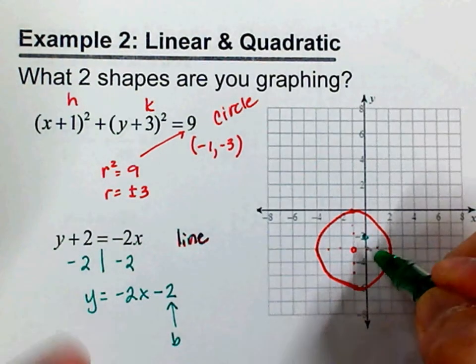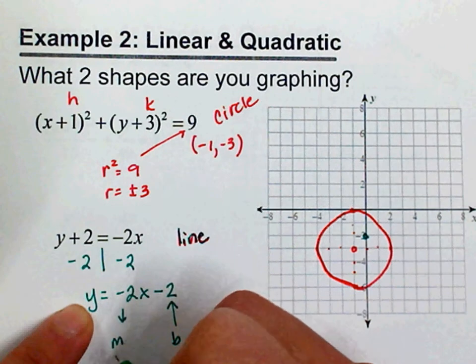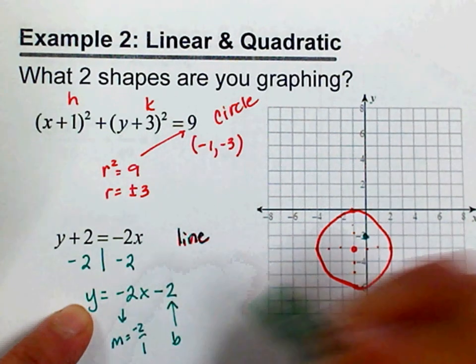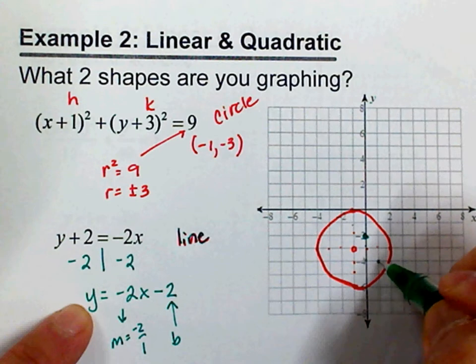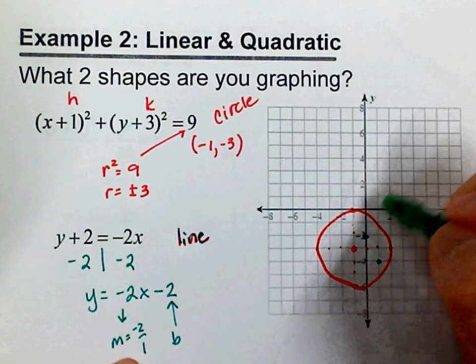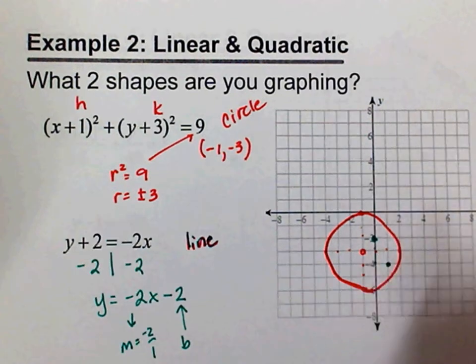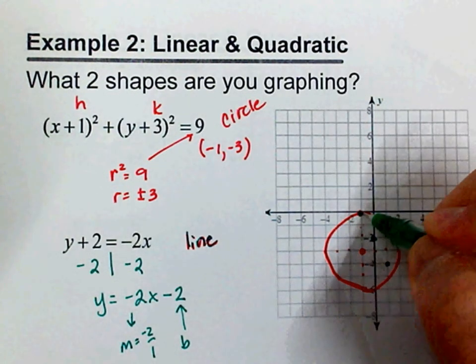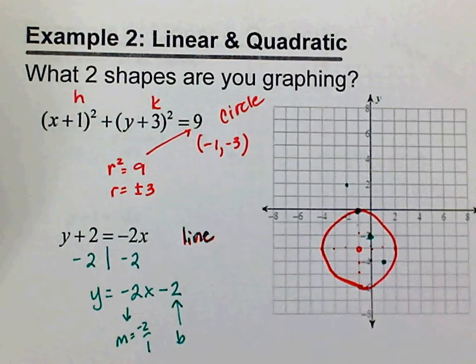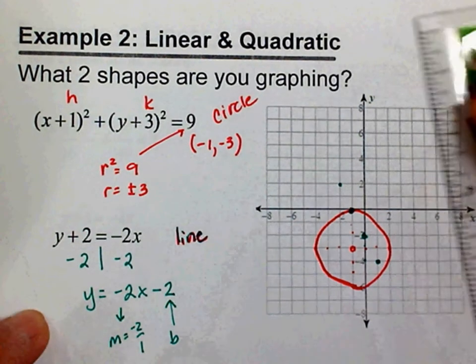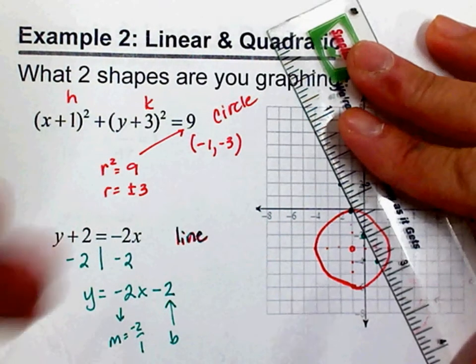Your slope is -2 over 1, so down 2, right 1. You can also go, this here is the same as 2 over -1. These are the same. So I can go up 2, left as well, okay? Use your straight edge to draw your lines, or line. I keep saying lines, there's just one.